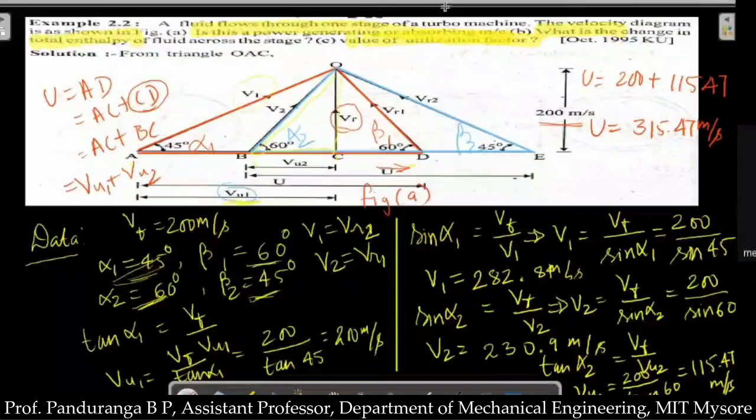So now you have the required data. Either you can use R as 0.5, or you can use VR1 and VR2 with V1 and V2 and calculate utilization factor. So calculate utilization factor here.